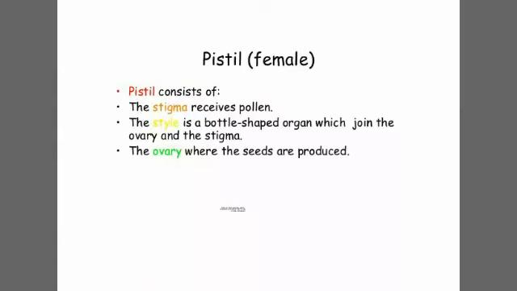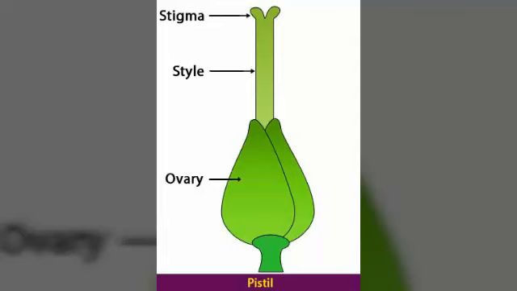What is the pistil? The pistil is the female part of the flower. It contains basically three parts: stigma, style and ovary. The stigma is the upper part, the style is the middle part and the ovary is the lowermost part of the pistil. The ovary contains the ovule, and the fusion of the male and female gametes takes place in the ovule.